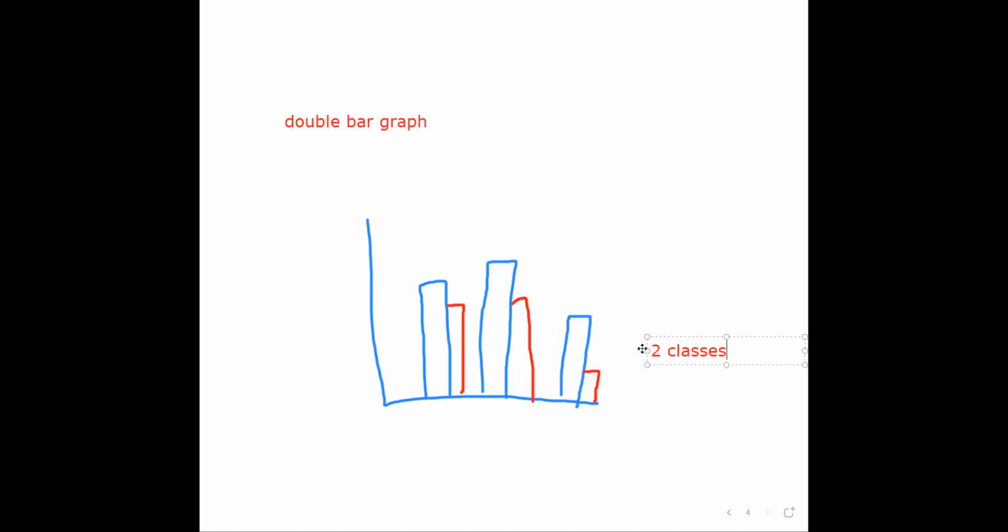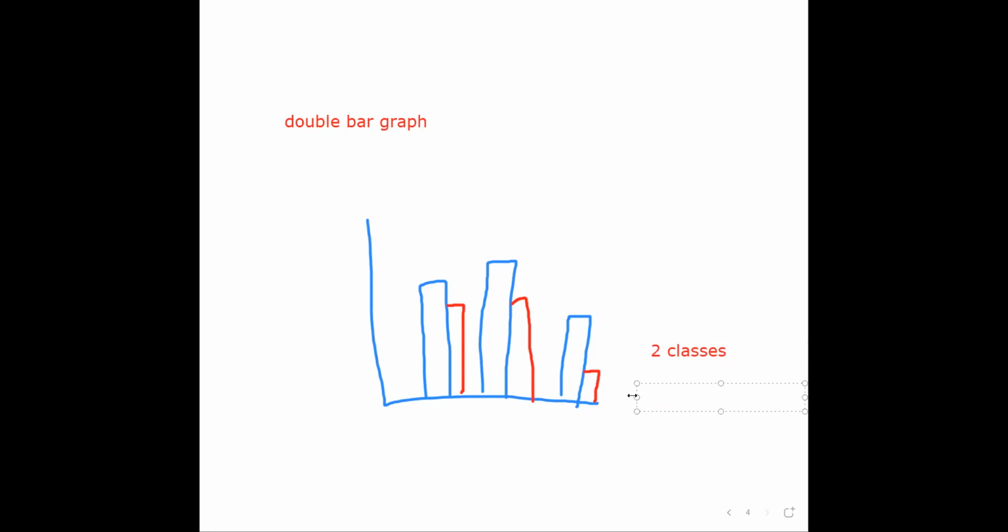I'm talking about the favorite pet, but not for one class, for 2 classes. Maybe in one class, but for boys alone and girls alone. Understand? So in the double bar graph, I'm talking about one thing, but not for one group, actually for 2 groups.